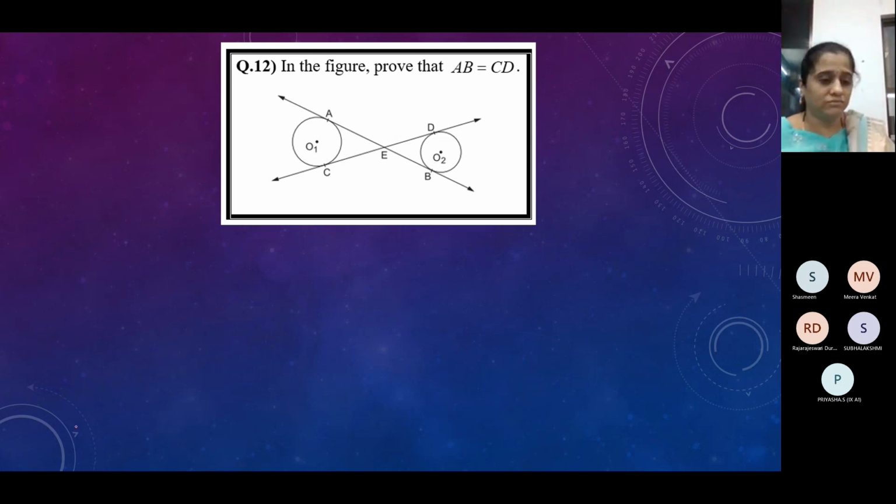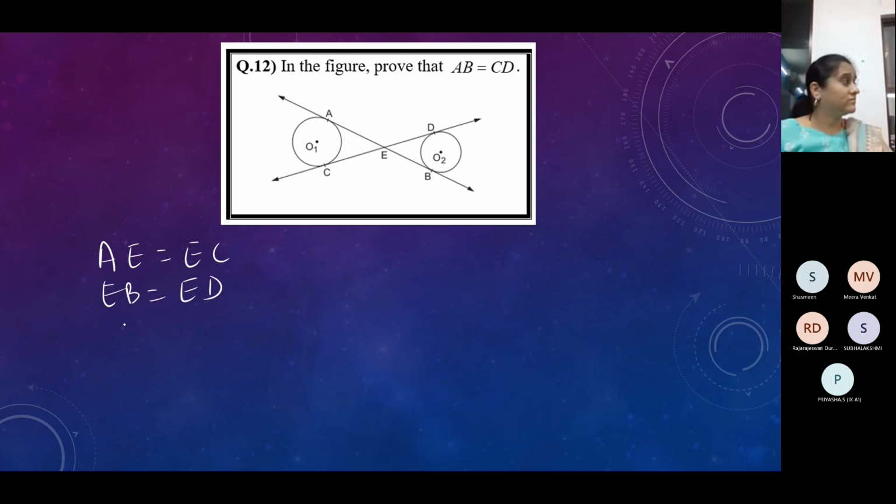Loud, loud. And external point A. So AE is equal to EC. And same, we have EB is equal to ED. Then just add both.